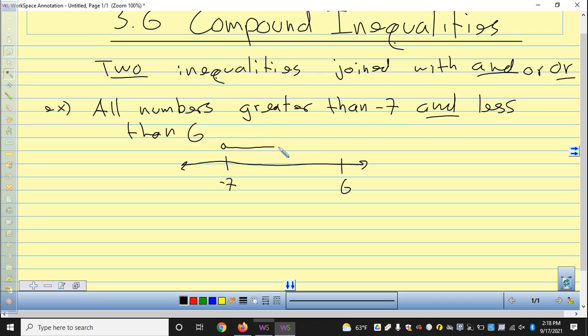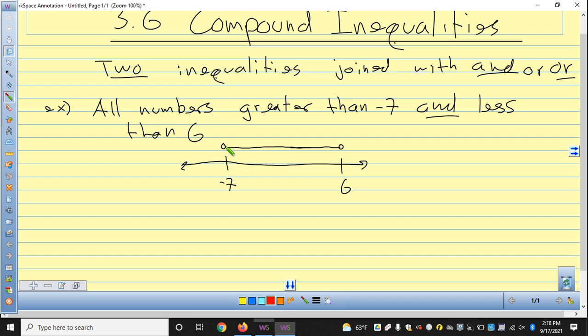The numbers that are bigger than -7, and they have to be less than 6. Well, those overlap here. Greater than -7 and less than 6.